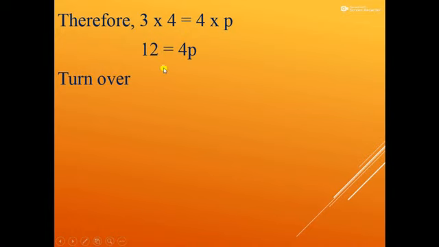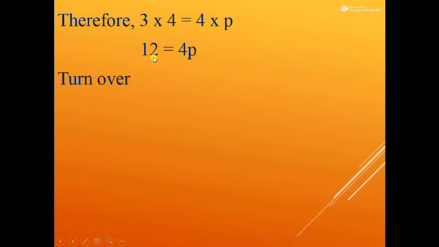Now at this stage, what we'll do here is we turn over. In mathematics, professionally, when you're looking for the value of a variable and the variable is carrying a coefficient, the term, that is the variable and the coefficient, is supposed to be at the left hand side of the equation.